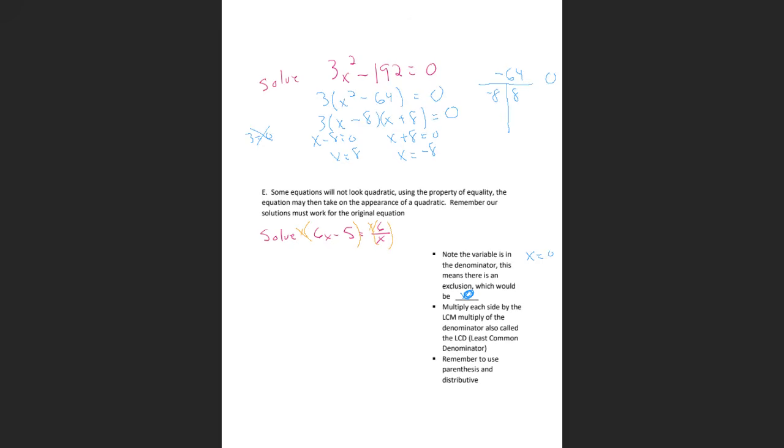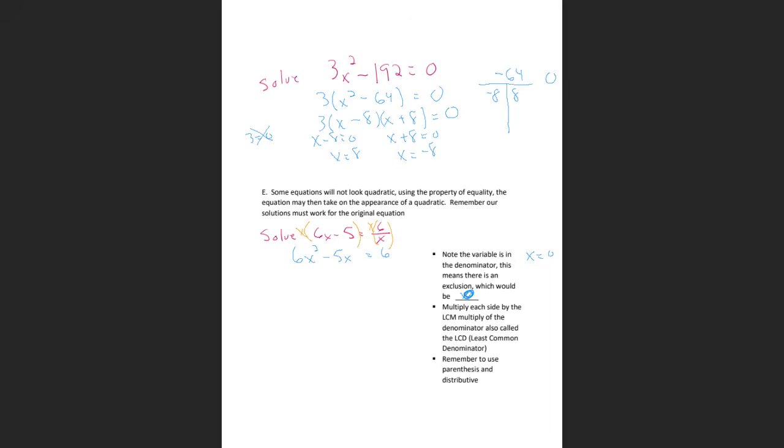So we multiply the x by the 6x, which gives me 6x squared. X times negative 5 is negative 5x. And on the right-hand side, the x's divide out to leave me 6.